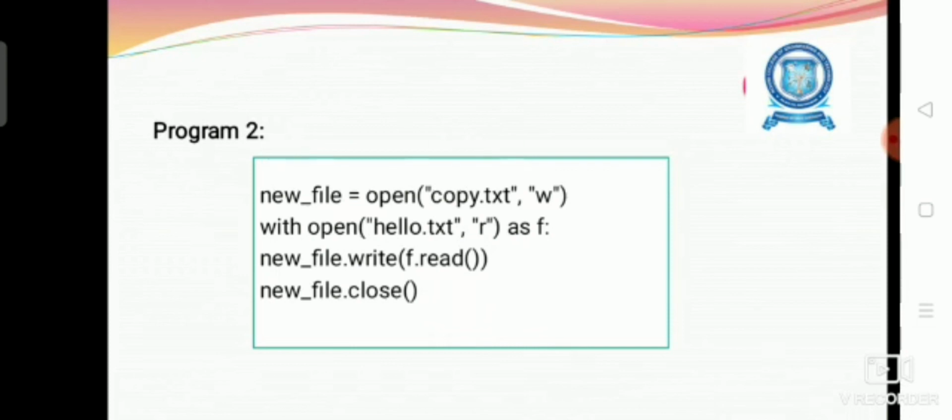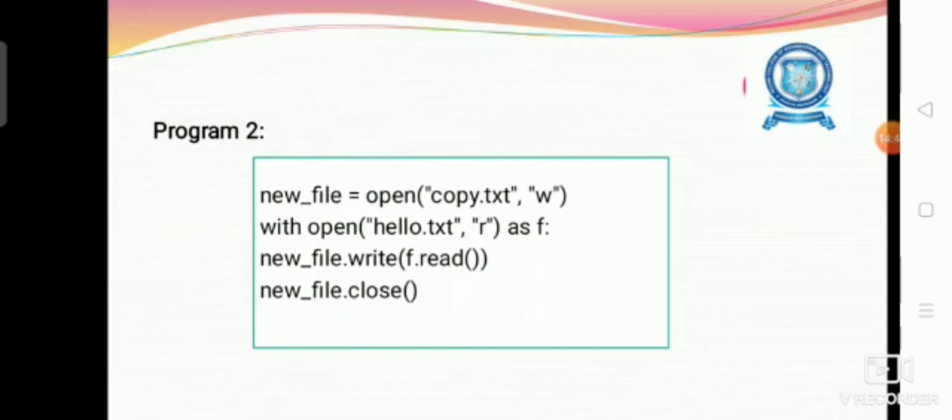For that we have used the statement new file dot write of f dot read. So by this statement what will happen? f dot read means it will read the content from the file f, isn't it? So that content will be written into the file object new file.